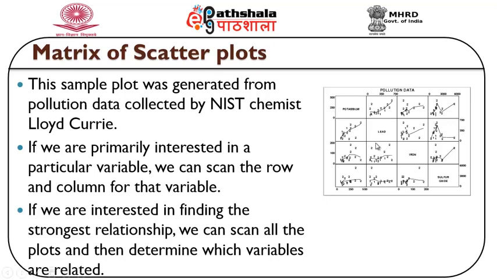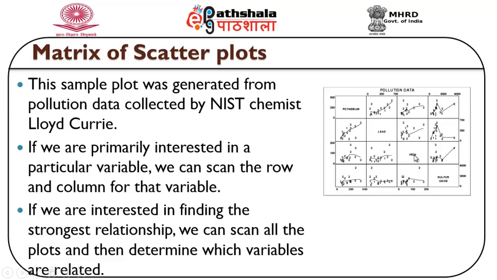If we are really interested in a particular variable, we can scan the row and column for that particular variable. If you want to know the data with respect to iron, you need to look at the row as well as the column for the iron pollutant.